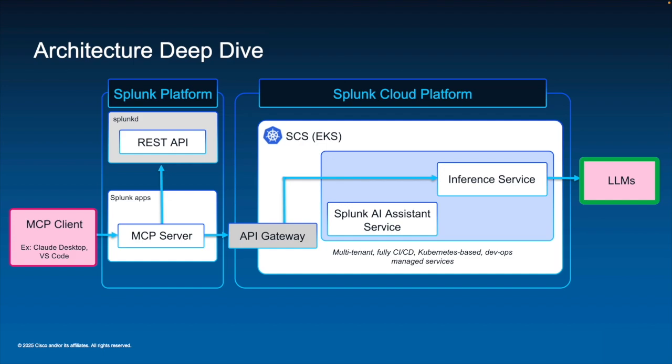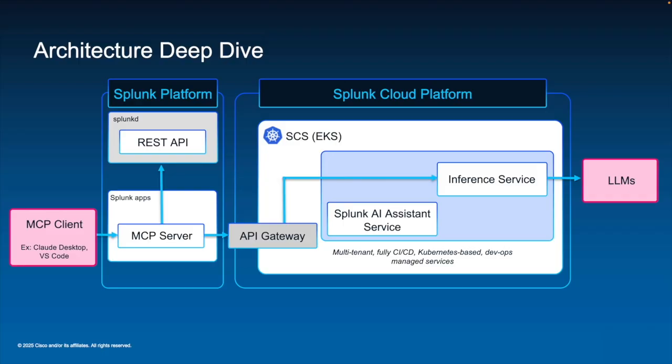Crucially, the LLM never has unrestricted access to Splunk data. All access remains mediated by MCP and the Splunk AI Assistant. Once analysis is complete, insights flow back through the same controlled path in just seconds. Finally, the answer is returned to the MCP client as actionable insight, not raw noise.